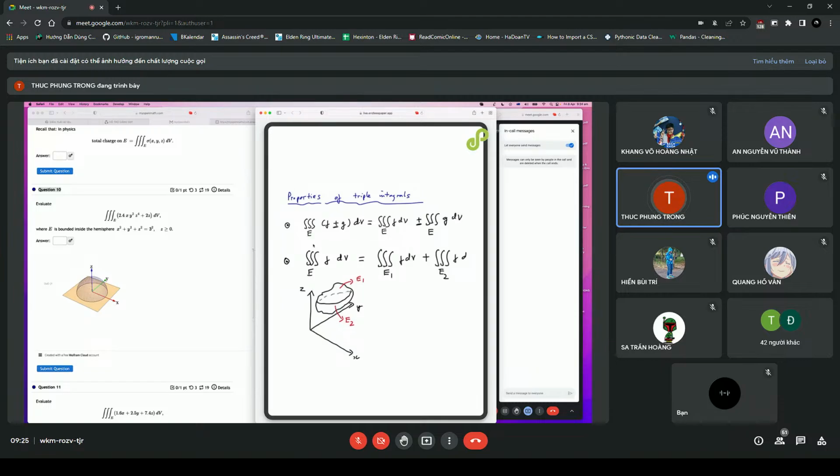You take the sum, and you get the same as the integral over the whole solid E. So if E consists of E1 and E2, then we have this.